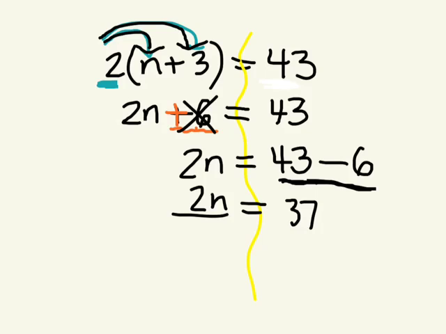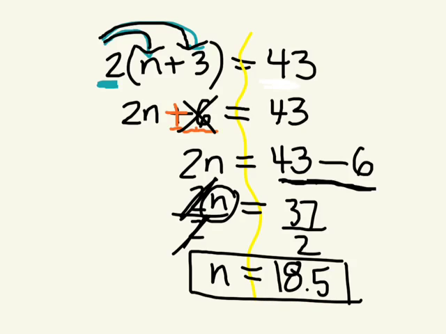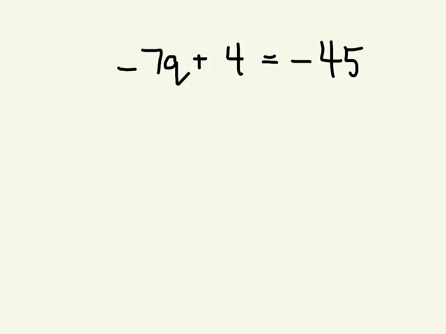Divide. Then that cancels out, and I'm left with n. So I have to divide the right side by 2. Whatever you do to the left side, you have to do to the right side. 37 divided by 2 is 18.5. So n equals 18.5.